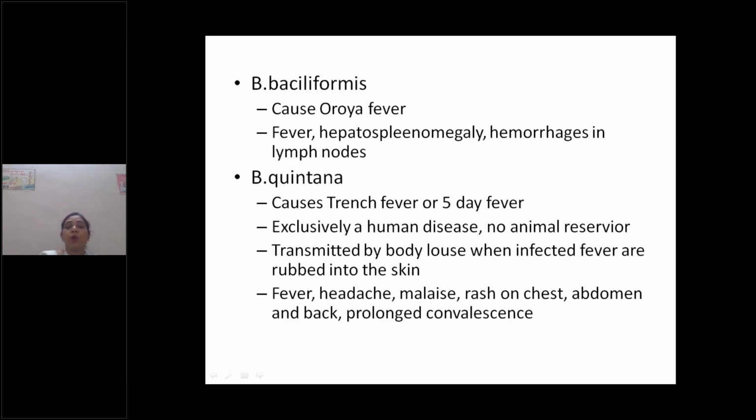Bacilliformis causes Oroya fever, which is characterized by fever, hepatosplenomegaly, and hemorrhages of lymph nodes. Quintana causes trench fever or 5-day fever.